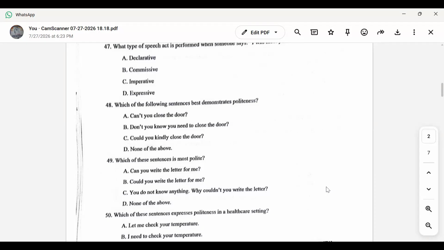49. Which of these sentences is most polite? A. Can you write the letter for me? B. Could you write the letter for me? C. You do not know anything. D. Why couldn't you write the letter? E. None of the above. The answer is: could you write the letter for me.